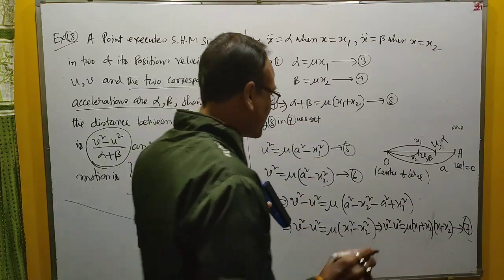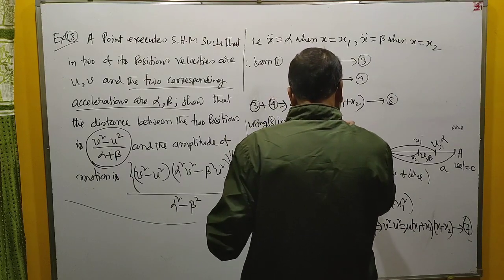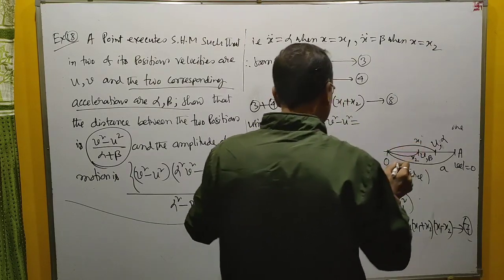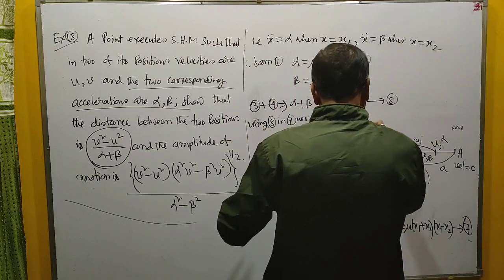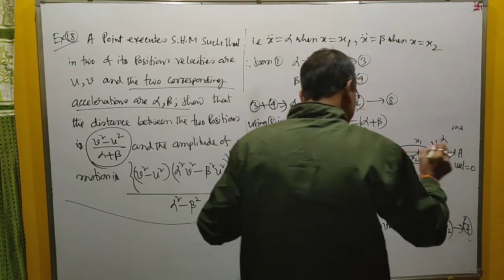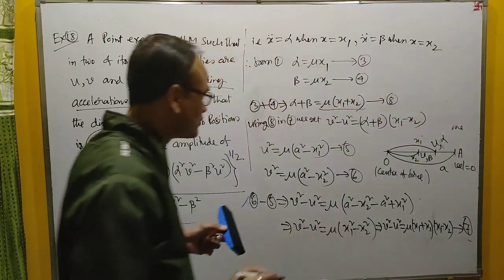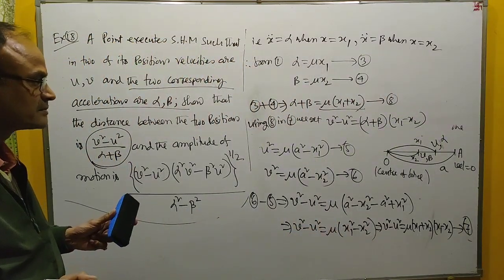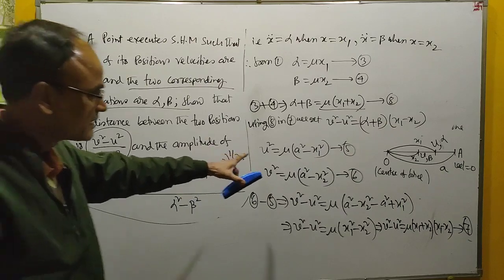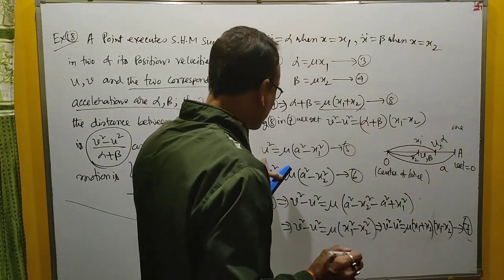Using 8 in 7, we get v square minus u square equal to mu into x1 plus x2, and for this you may write alpha plus beta, into x1 minus x2. This equation will be required later.